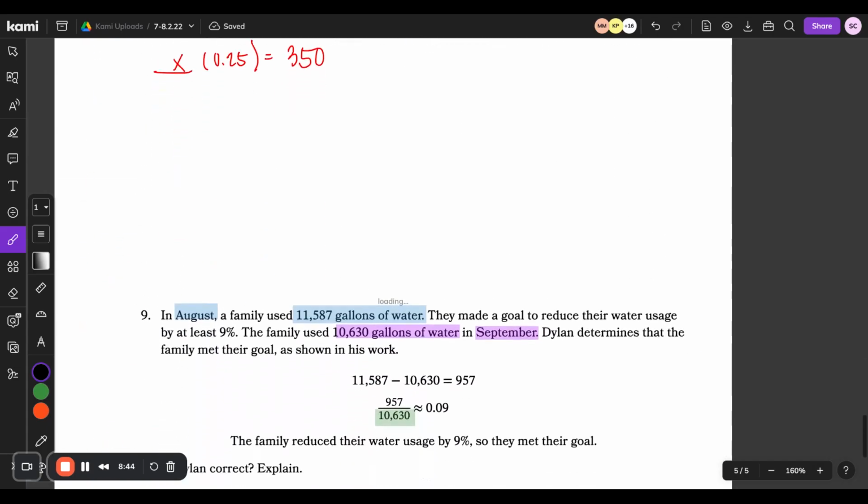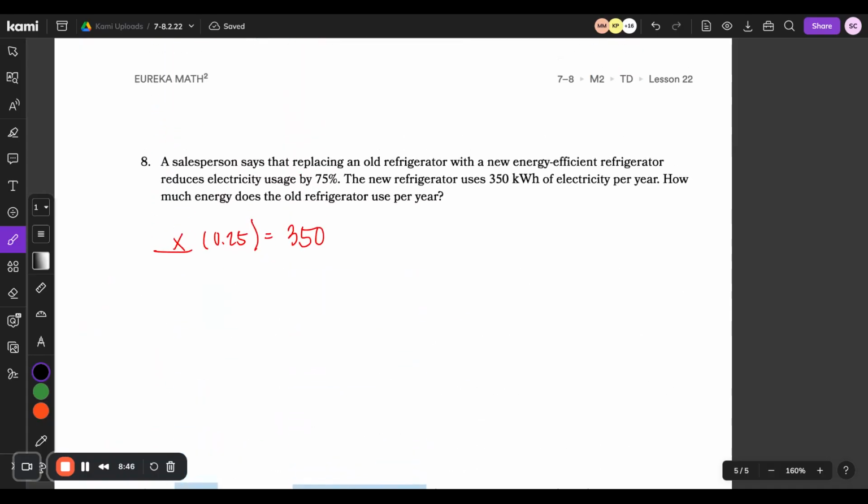And then for number 8 and number 9, for number 8, you are just trying to figure out what X is equal to for this one. So it says a salesperson that is replacing an old refrigerator with a new energy efficient refrigerator reduces electricity usage by 75%. So that means that we are only using 25% of the original amount.